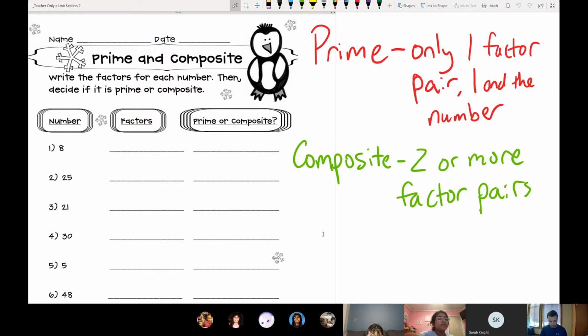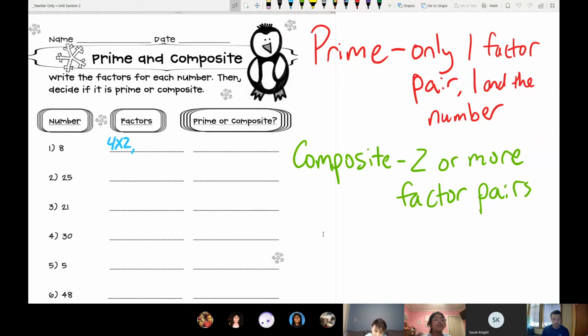The two factor pairs are 4 and 4. So 4 times 4 would be 16. We're thinking two numbers that multiply together to get us 8. Oh, 4 times 2. Nice recovery. 4 times 2, that equals 8. Are there any other ones?